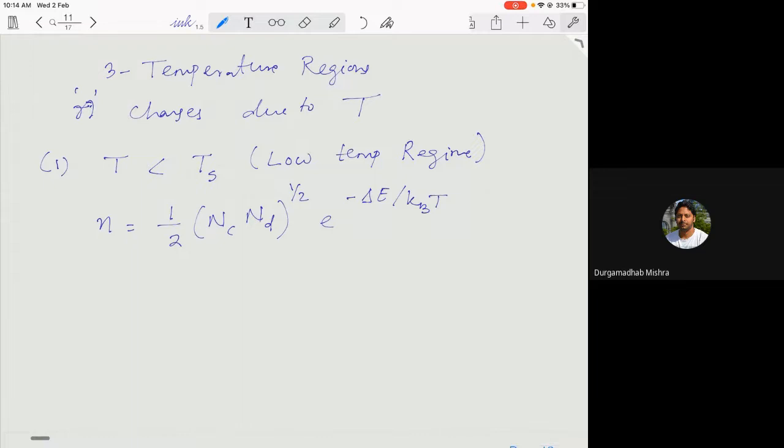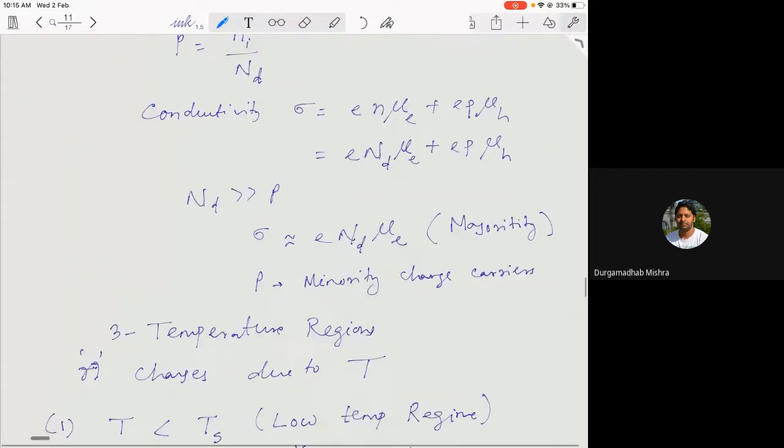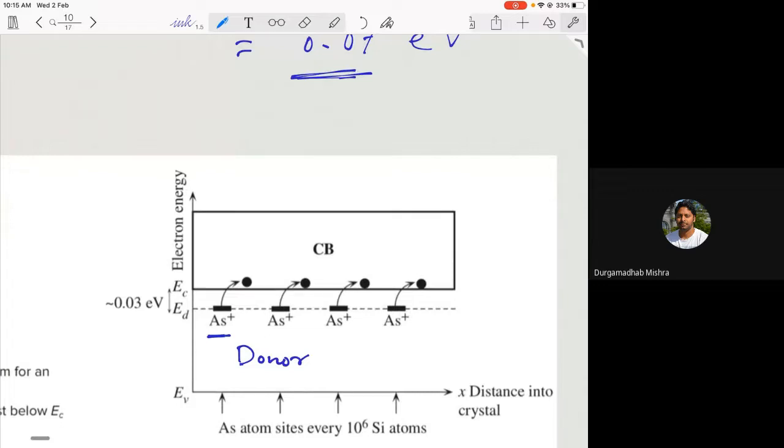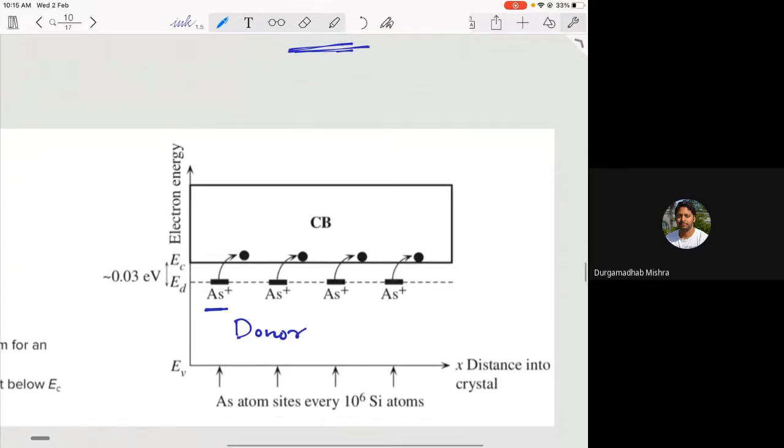The only difference here is this delta E term. We have replaced Eg, the band gap, by delta E. Why? Because when you look at this picture, in the case of the intrinsic carrier, the electrons have to jump from the valence band to the conduction band, and therefore we were taking the difference EC minus EV, which is equal to Eg, the energy band gap.